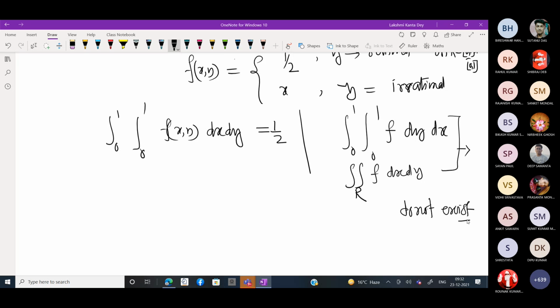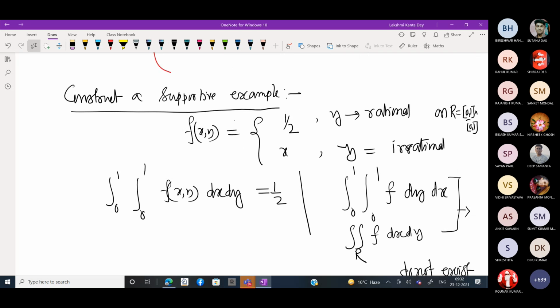So where f is having discontinuity, you look at, whenever y is a rational number on 0,1, the function is half, and whenever y is an irrational number, the function is x.